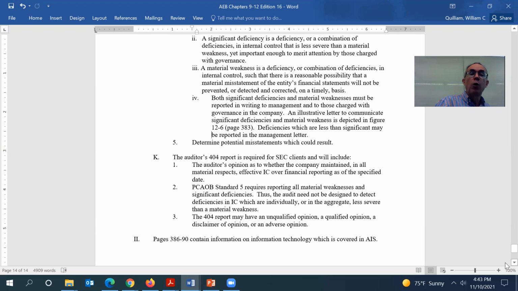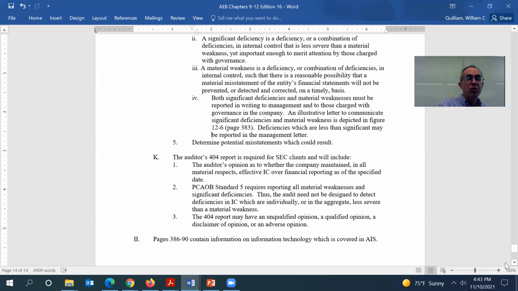Standard 5 requires reporting all material weaknesses and significant deficiencies in this 404 report. Thus, the audit ought not be designed to detect deficiencies in internal control which, individually or in the aggregate, meaning the total, are less severe than a material weakness. So don't sweat the small stuff. And the 404 report may have an unqualified opinion, a qualified opinion, a disclaimer of opinion, or an adverse opinion, as we've seen before, just like in an audit report on financial statements.